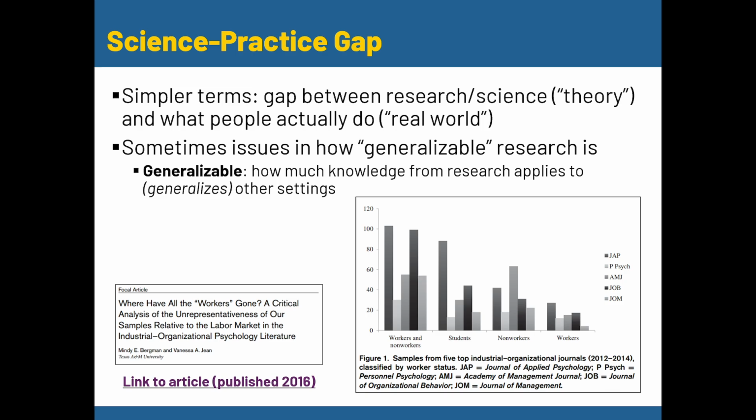Basically, what people did in this article was they looked at the top 5 journals, the most highly cited, most prestigious journals, and looked at the samples that were used in studies of those journals over these 2, 3 years, 2012 to 2014. And so you can see here, students is a huge chunk of participants in research studies.